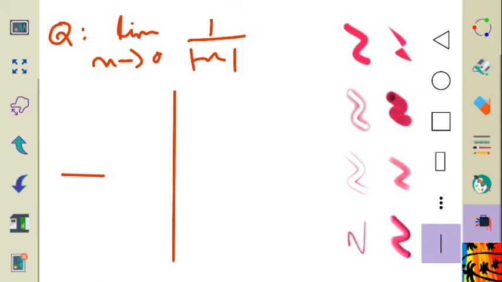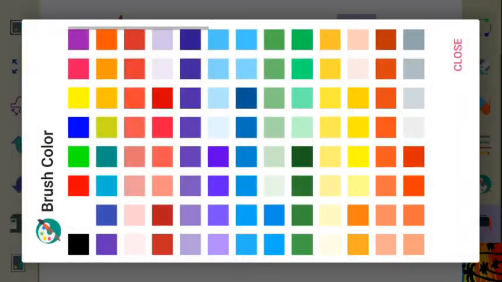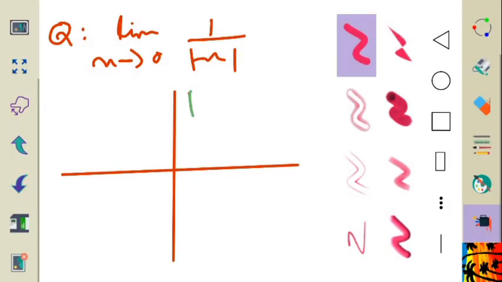So for that, what I will have is like this, right? And here the graph will be like this, and here in this side the graph will be like this. Clear?